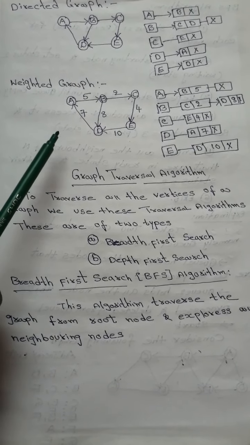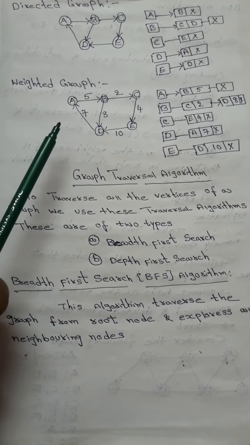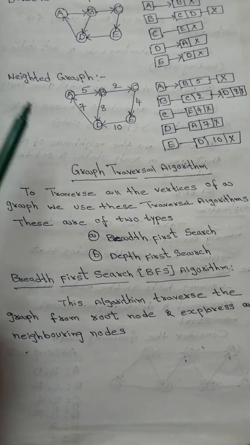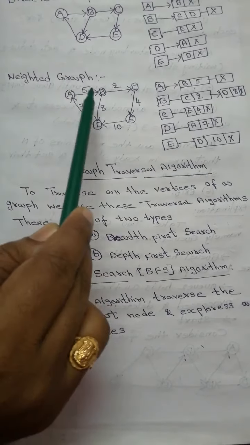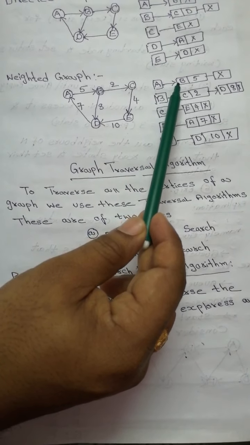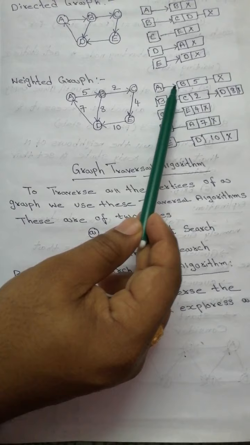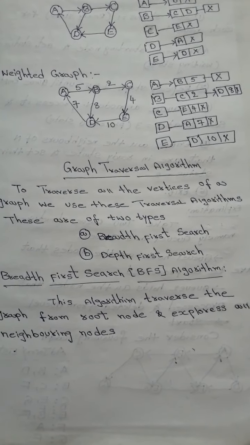So similarly with the weighted graph, apart from storing adjacencies, we need to store the value of the particular edge. So having connectivity A to B, and then its value 5. We need to store the value inside the node.